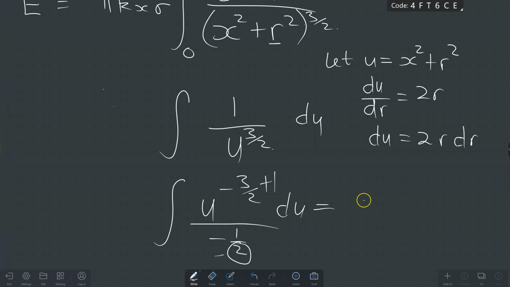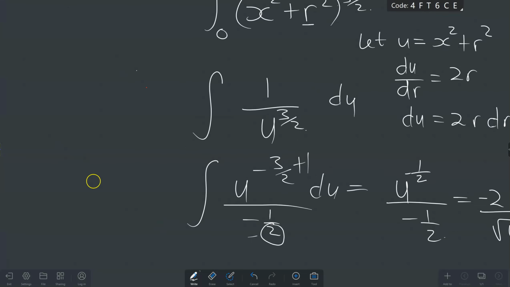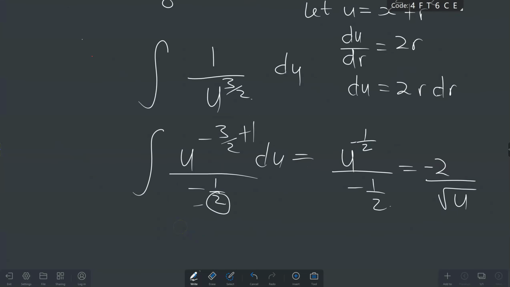That's going to be u to the power of minus 1 over 2, all over minus 1 over 2. So we have something like this here, which then gives us minus 2 over the square root of u. I'm just going to rub off the u substitution because this is calculus, right? So we have minus 2 over root u.